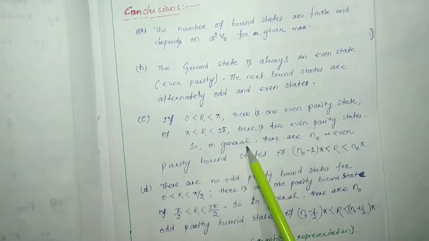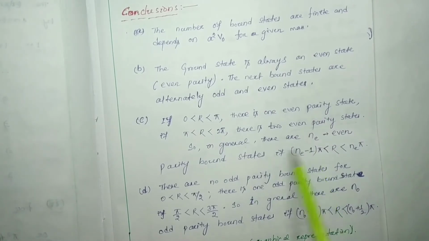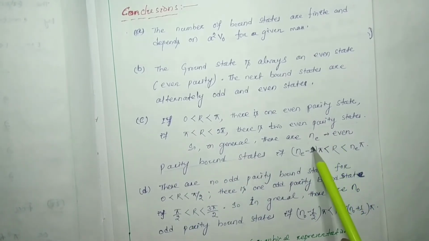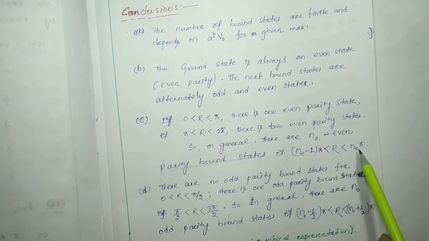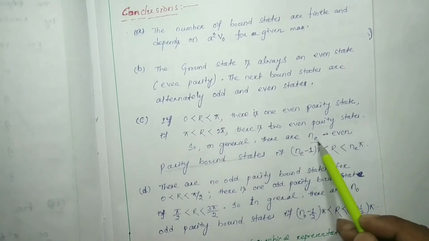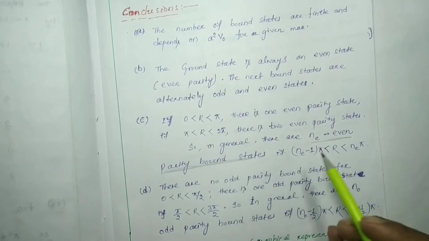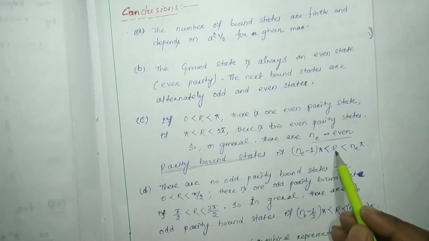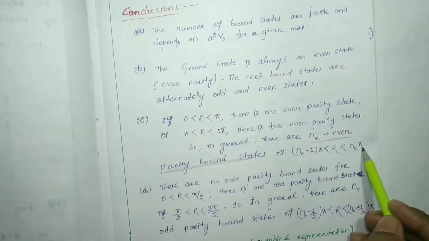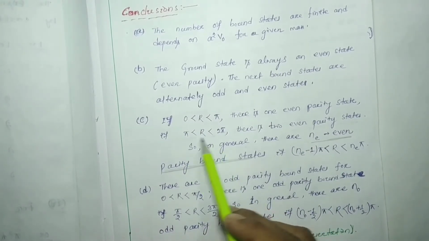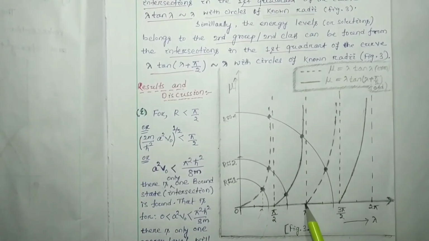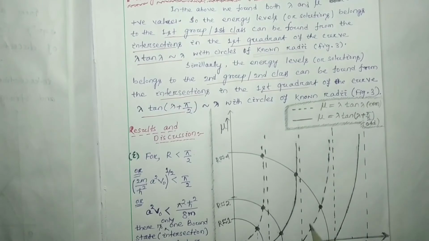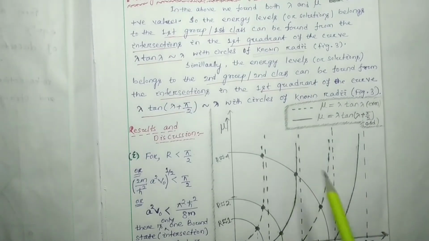So in general, the number of even parity bound states NE is given by (NE − 1)π < r < NE π. Here for π to 2π we just found this, and for 0 to π the number of even parity bound states is 1.